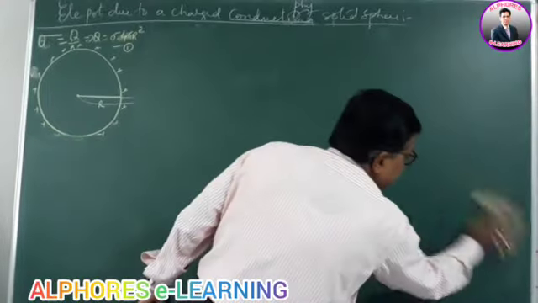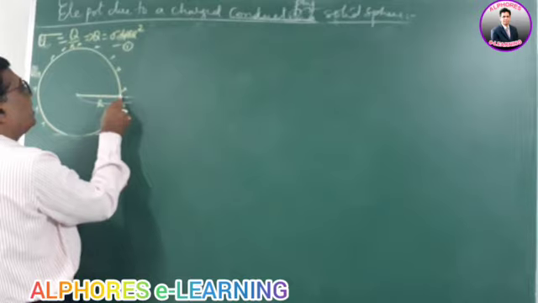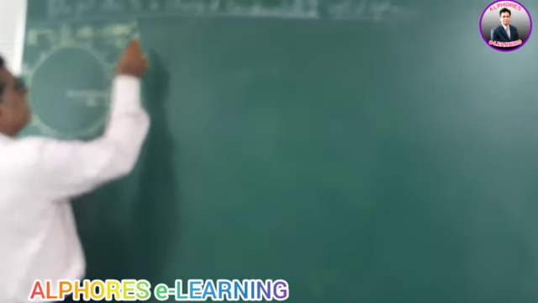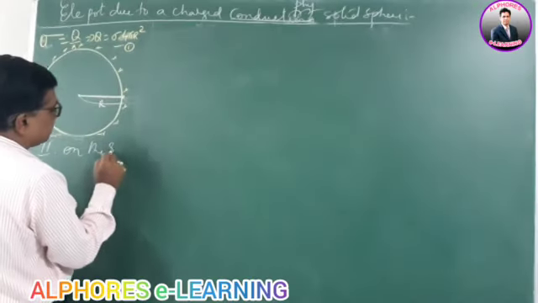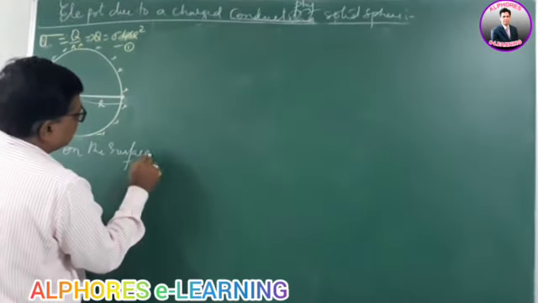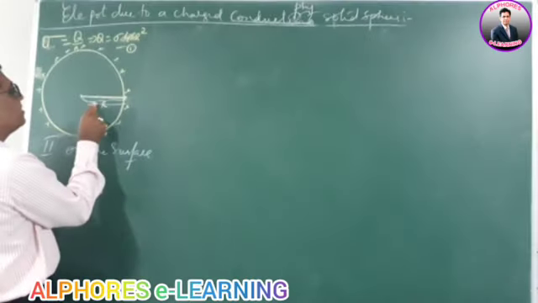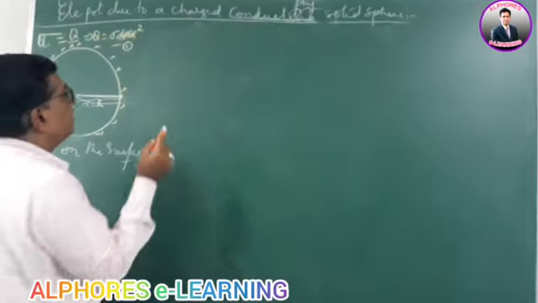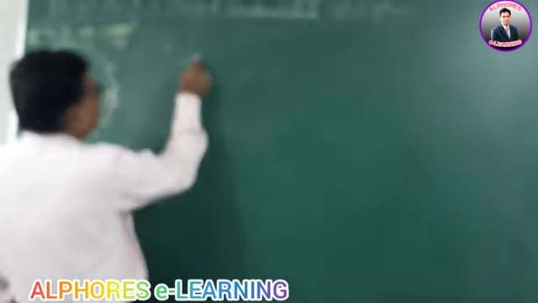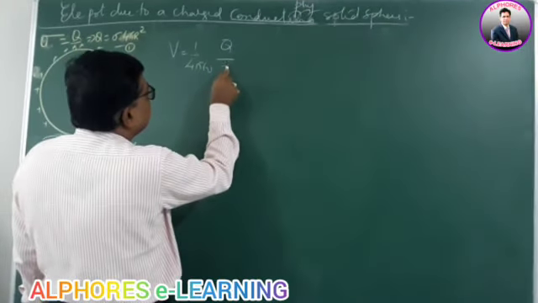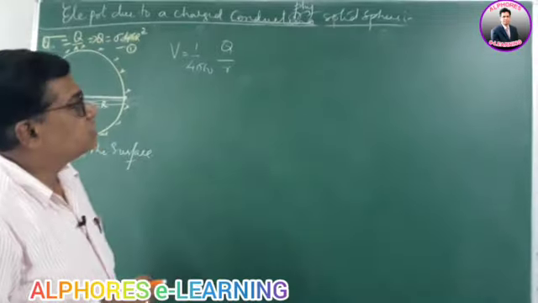Potential at the surface point. This is the second case, potential on the surface. On the surface means the distance small r is capital R. Now we have proved the potential at any outside point is 1 by 4 pi epsilon naught, q by small r.